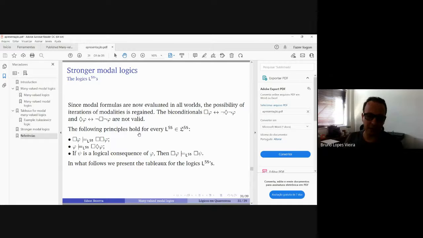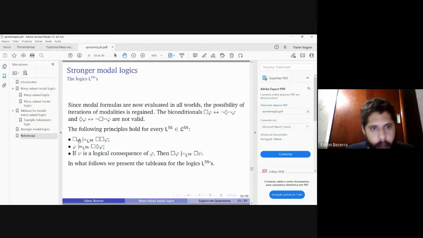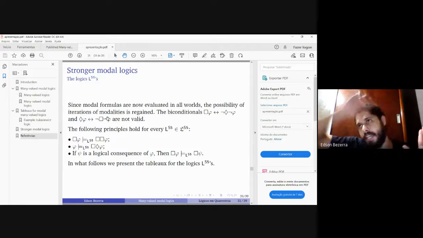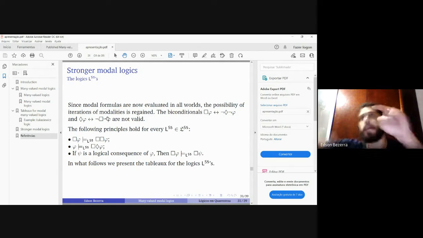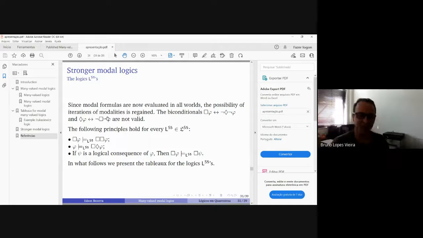Yes. My question is just about the two relations that you show. For example, when we have box phi is true, it's true in every world. It's designated in every world. Okay. But in this case here, since all of the worlds are normal, you can apply the nested modalities. Okay, I got it.